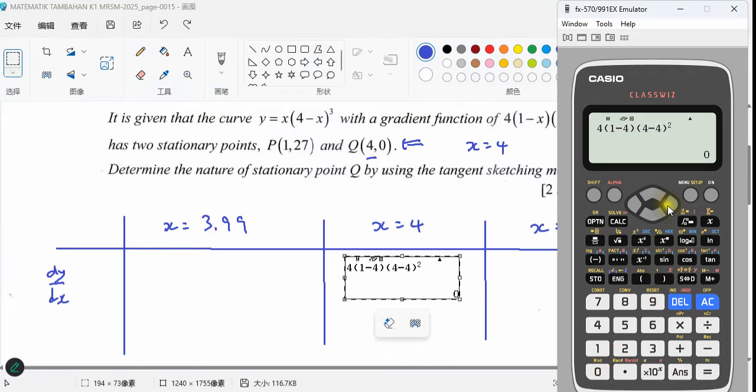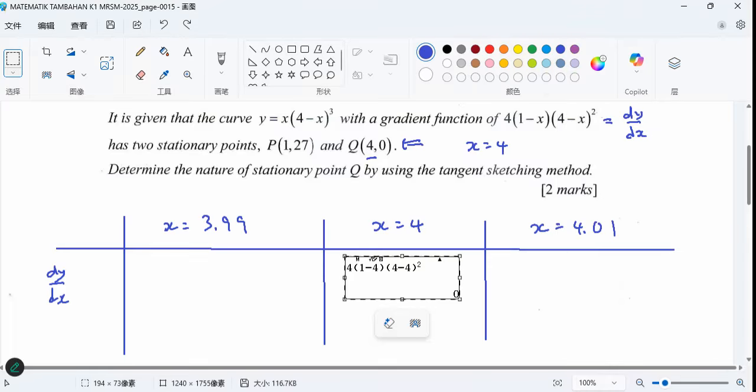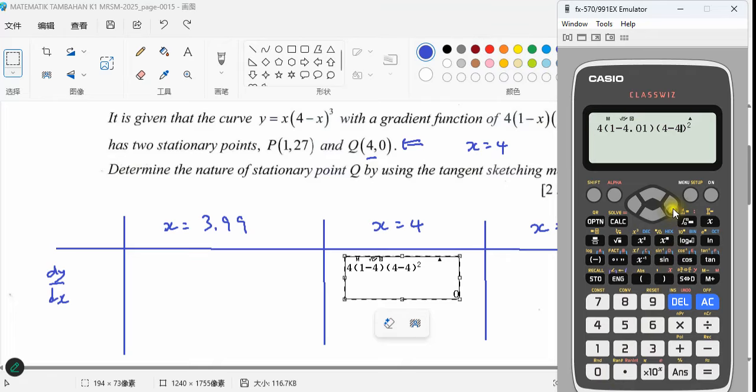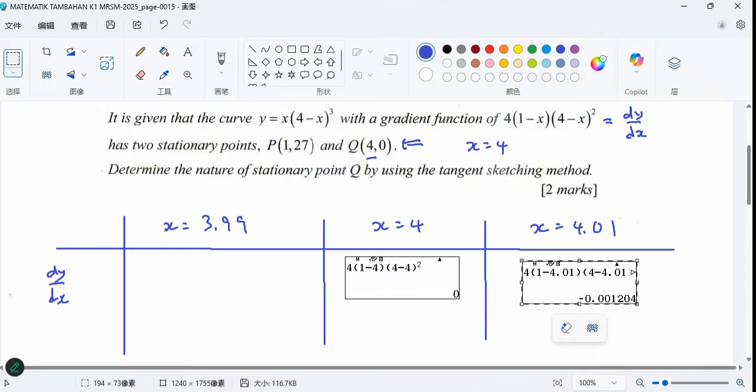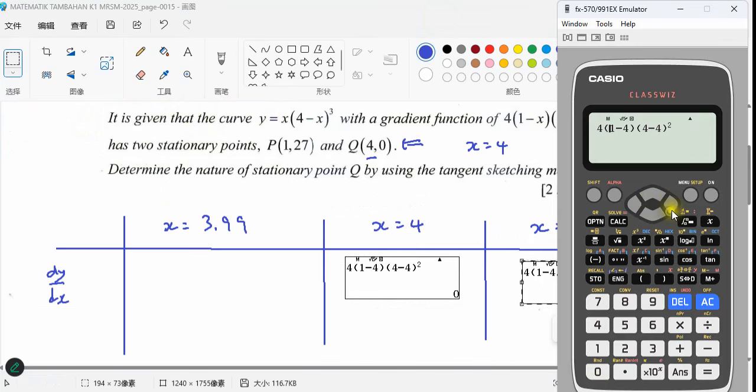Then 4.01, and this will be 4 minus 4.01, this is negative. If we have 3.99, and then 4 minus 3.99, this.